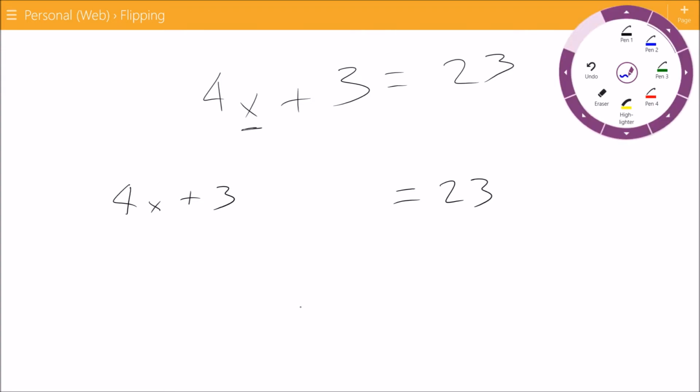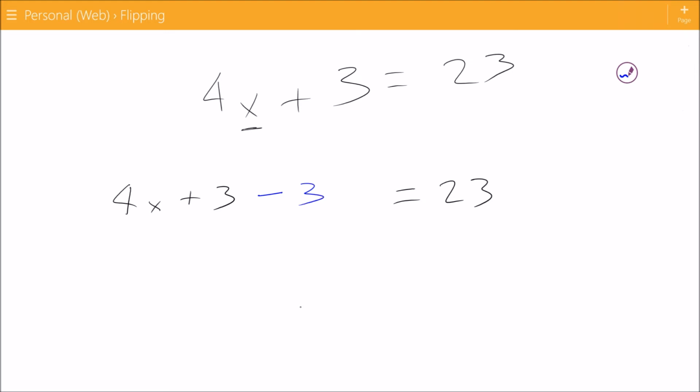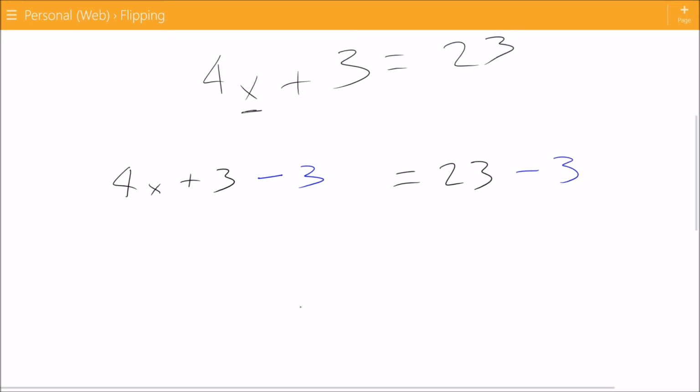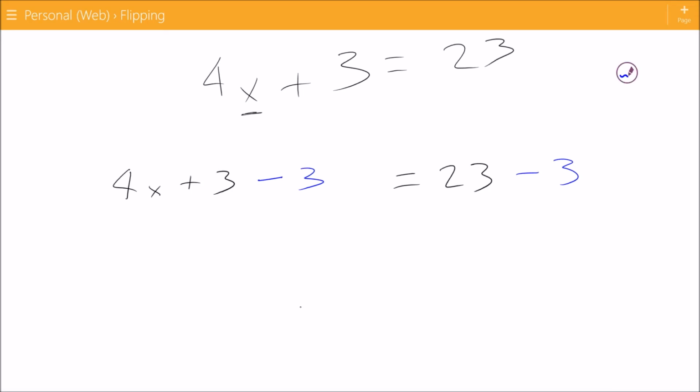I'm going to add my minus 3 here to both sides. And I know that is true by the subtraction property of equality. And really, this is my first step to solving it.